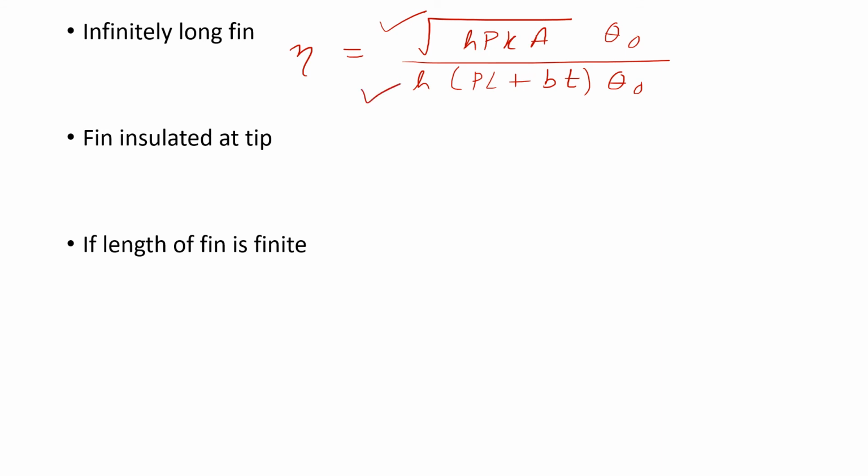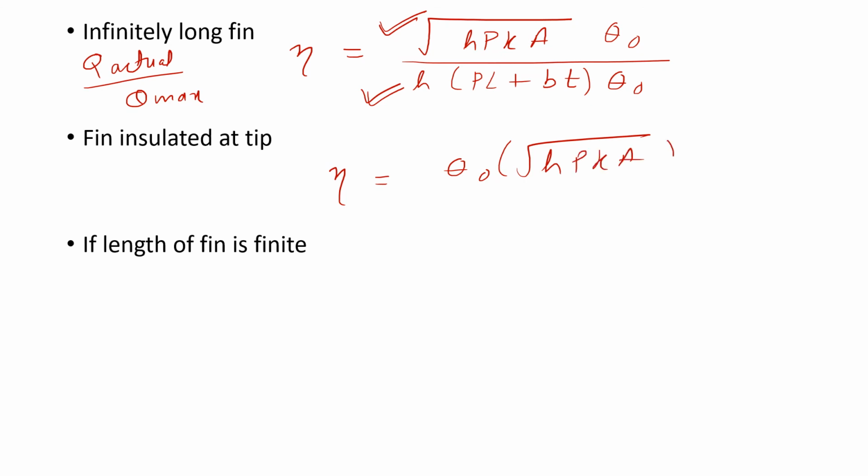Since we know that efficiency is Q actual by Q maximum, this is our actual heat transfer and this is our maximum heat transfer. Similarly, we can find the efficiency of a fin which is insulated at the tip, with tan hyperbolic ml. This equation we found in case 2, and this is our maximum heat transfer rate.